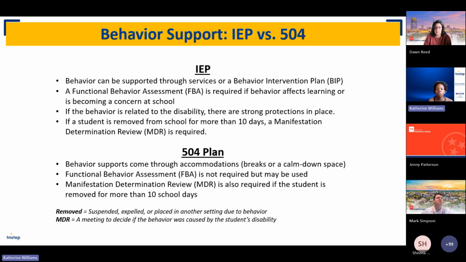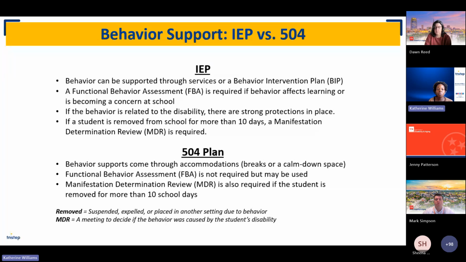So students do have strong discipline protections with IEPs, and so those discipline protections can happen if the student is removed from that school setting for more than 10 days. A manifestation determination review would be required. And what that is, is a meeting to decide if the behavior was caused by the student's disability.